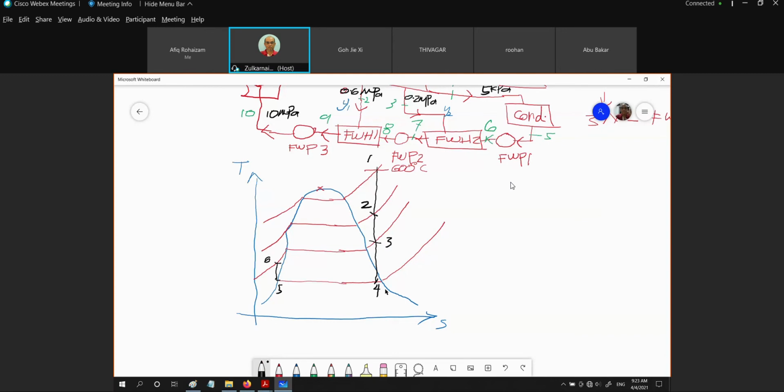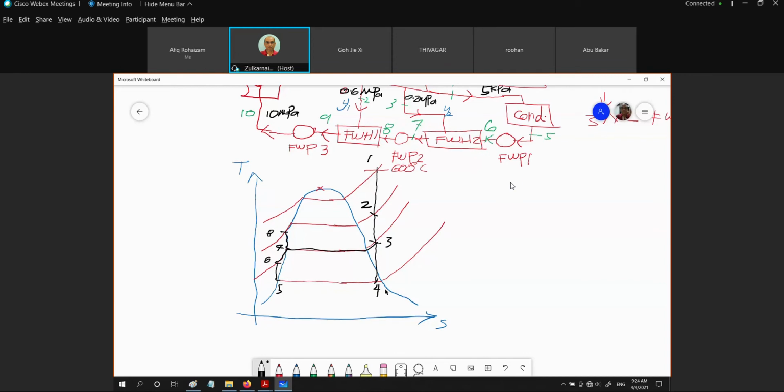And then we have the increase of temperature due to the feed water heater, which we have here, 7. The increment from 6 to 7 is because of the extraction of feed water heater number 2. And then we have the pumping work 7 to 8. So this is 8.